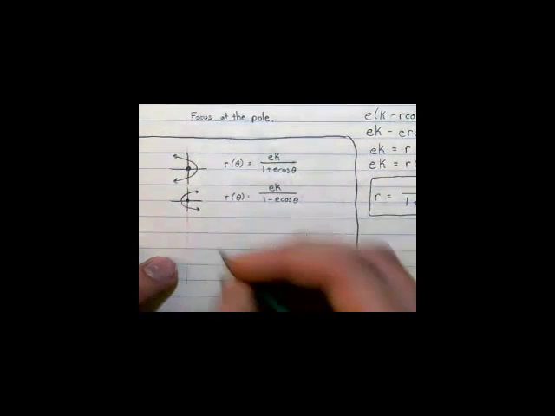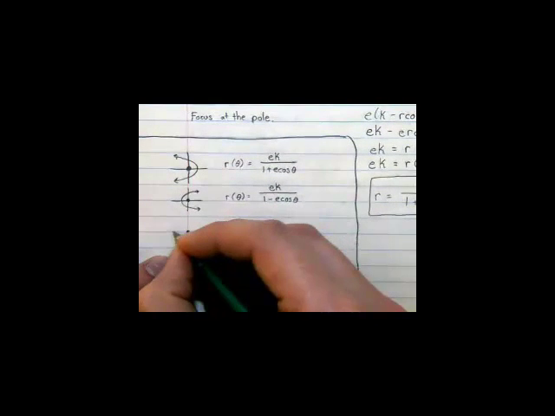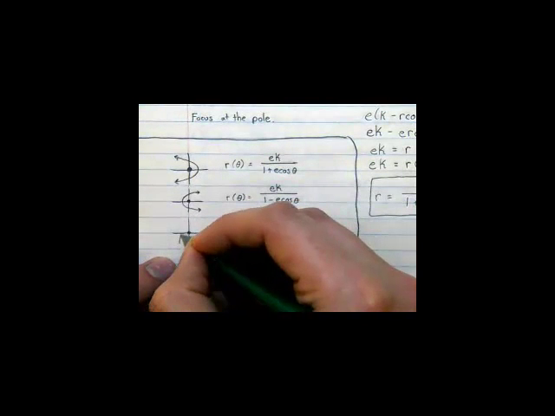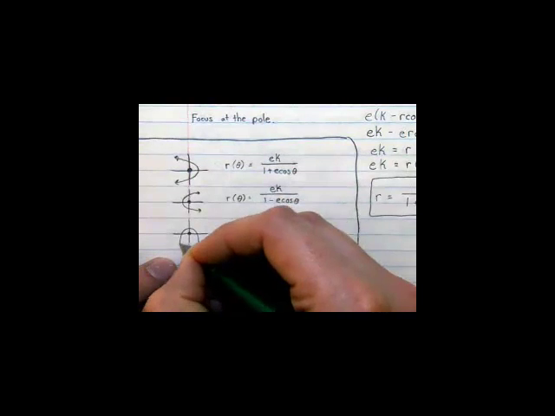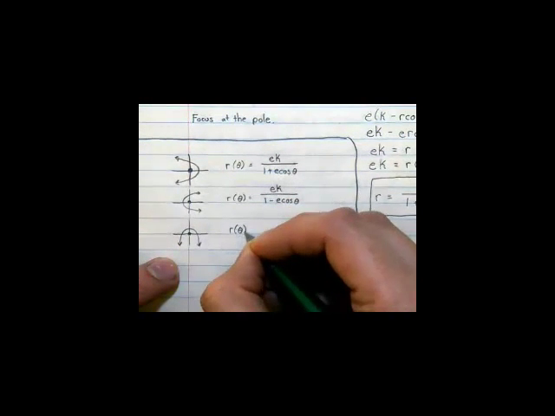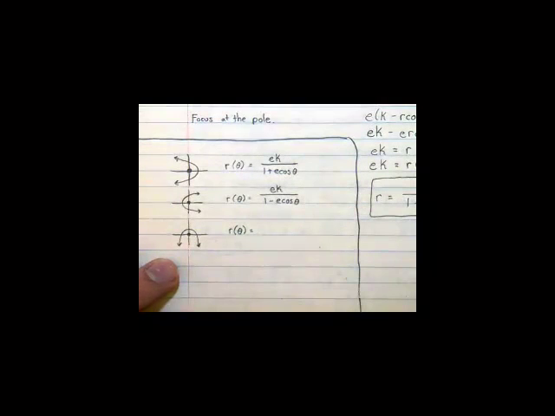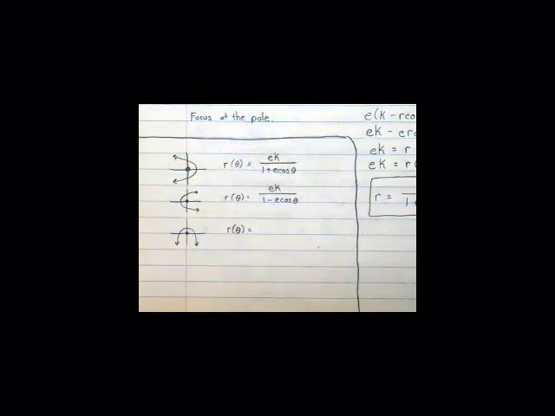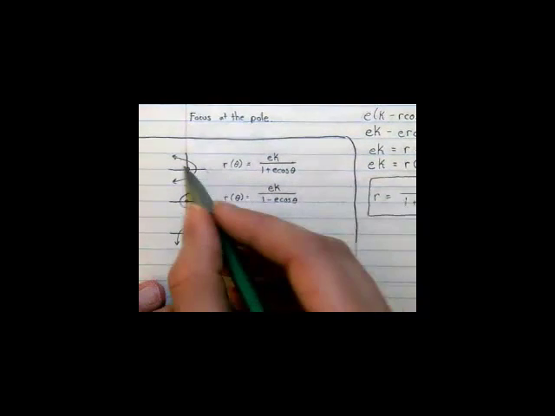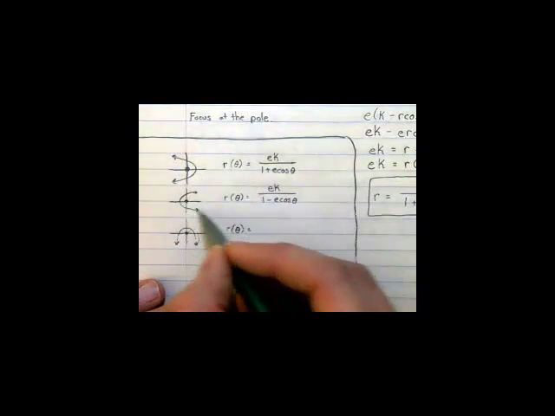All right, and then the up and down. If it opens down, how is that going to change? It's going to be a plus sine. Because notice how when it opened to the left, it was plus. When it opened to the right, it was minus.